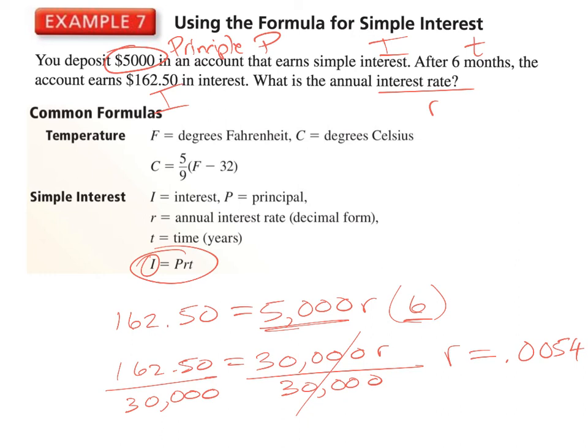But whenever you're writing out an interest rate, you write it out as a percentage, so R is equal to 0.54%. Whenever you want to convert a decimal into a percentage, you have to move that decimal over twice. So 0.54%. And that's all there is to it.